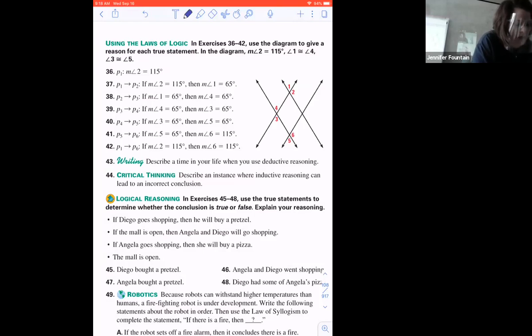Okay, so see if you can follow this as I explain it. We know that angle 1 and angle 4 are congruent, right? So we can see that 1 and 4 are congruent. So that means we would know that, we'll point to it up here.